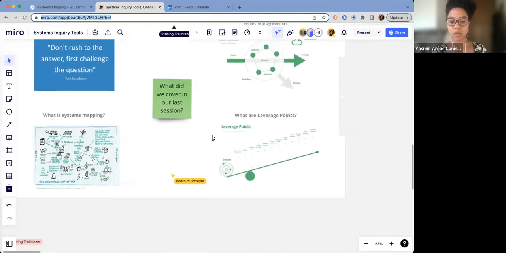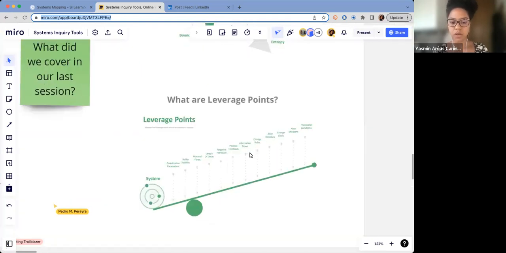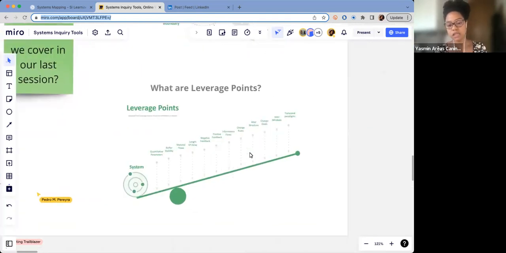And lastly, we talked about leverage points. So here we share with you the leverage points paper produced by Donella Meadows, and talking about the idea that some impacts on the system are going to create the bigger leverage to transforming the system, while others are going to create less leverage.